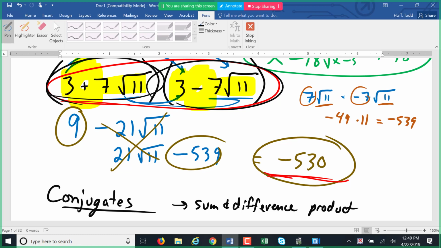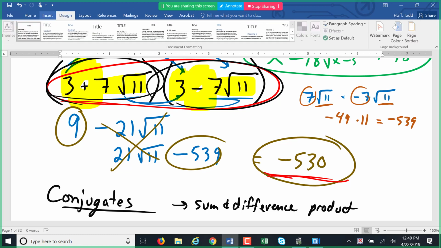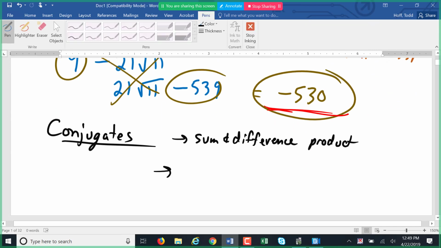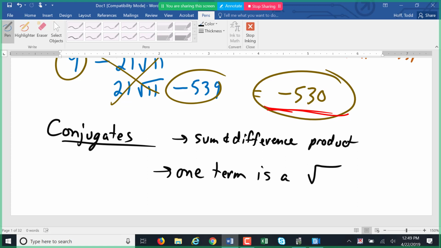Conjugates, of course, are a sum and difference product, however, where one of the terms is a square root. Not a radical. Other roots it doesn't work for. Only for square roots does this conjugate work. And when you multiply a radical expression by its conjugate, it will always give you just a single number, an integer in this case.